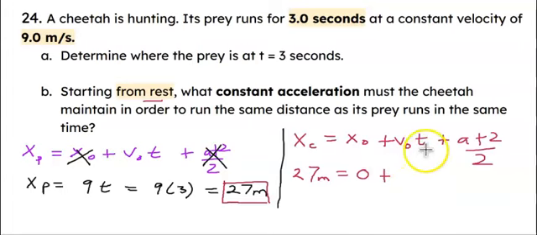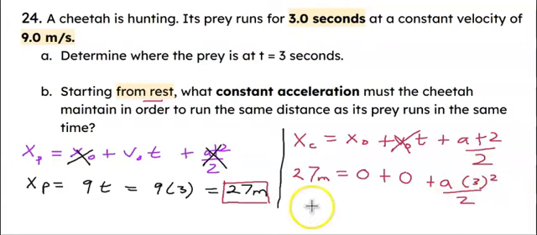But anyway, from rest means v naught is 0, and we're looking for a, and we want the time to be the same because I need to be in the same place at the same time. Okay, so you have 27 equals a times 9 over 2. That's a 9, that's a 2. I don't want the 9s and the a's to get confused.